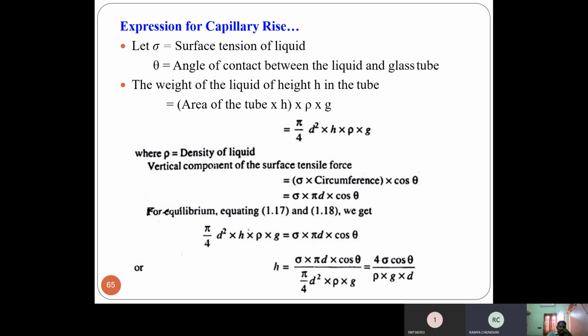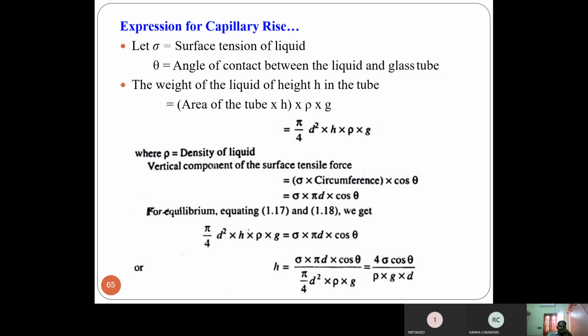For equilibrium, these two forces are equal: the force due to the weight of the liquid and the force due to surface tension.